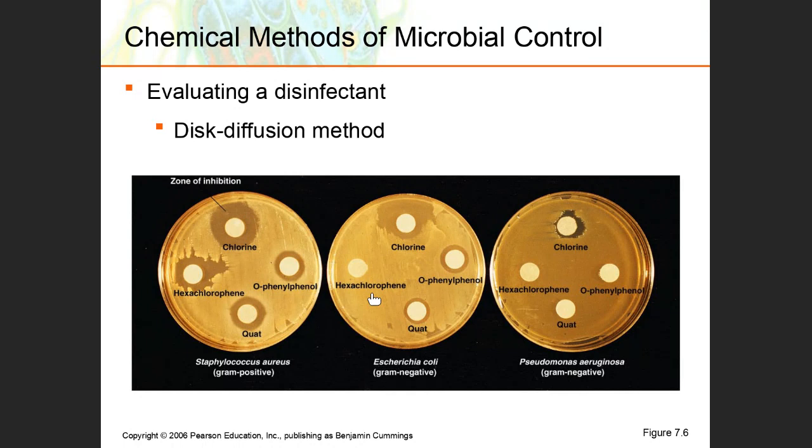One is diffusion. As you know, larger molecules diffuse more slowly than small molecules. Some of your chemical agents may have molecules that are so big they just cannot diffuse through the agar well enough to produce a zone of inhibition. Agar is organic matter.